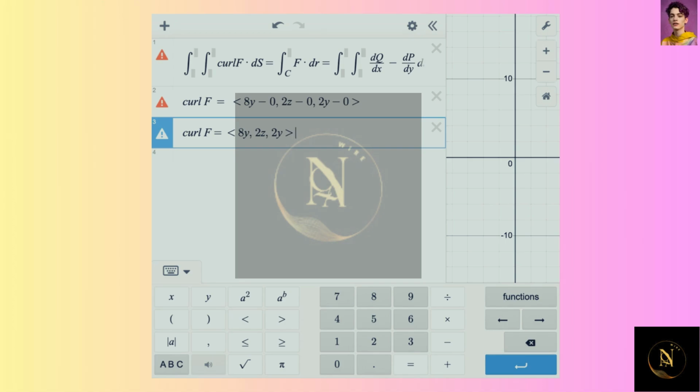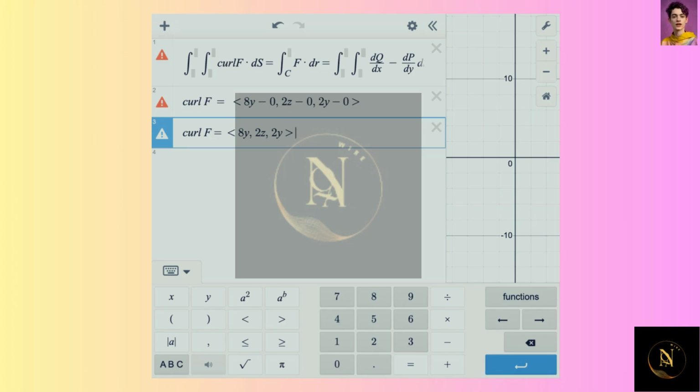And then we want to find the equation of the plane passing through the four given points. So we let the equation of the plane be ax plus by plus cz equals d. The point 1, 0, 0 on the plane indicates that a equals d.